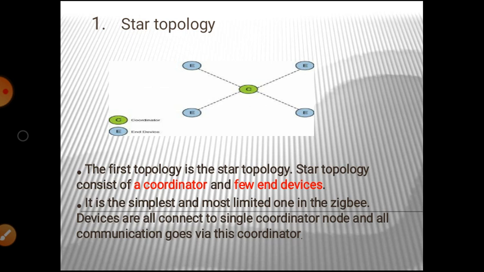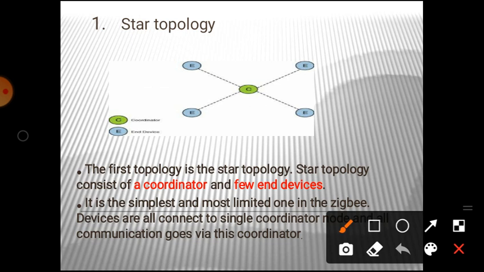Devices are all connected to the coordinator node and all communication goes via this coordinator. That means the coordinator is at the center point and all connections are made with the coordinator. All messages can be sent by the coordinator only.